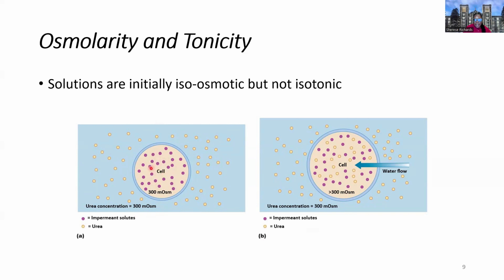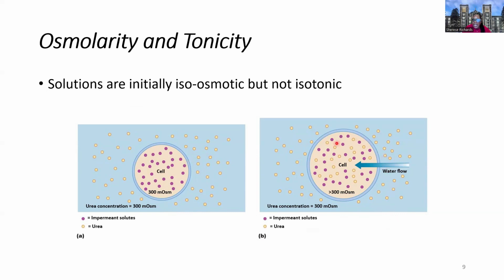So in this instance, we can think about this as being an isoosmotic scenario, right? Both of these solutions have the same osmolarity. The only difference is the particle urea can move across the membrane, and the particle in purple, the impermeant solute, cannot move across the membrane. But in terms of osmolarity, we're looking at both of the particles, whether they can move or not.